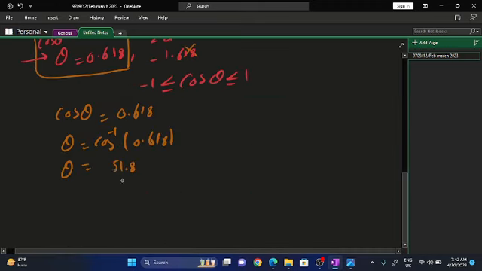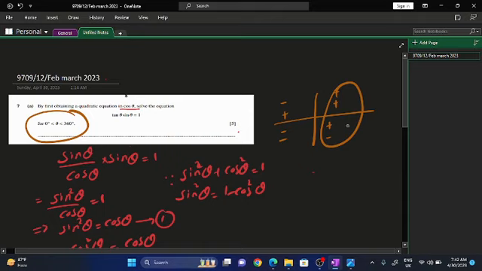My theta is positive 51.8, so I have to consider the first and fourth quadrants. In the first quadrant, to find the principal value of the angle, theta remains as it is. In the second quadrant, you do pi minus theta, and in the third quadrant, that would be theta minus pi.